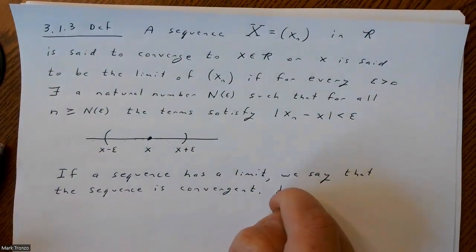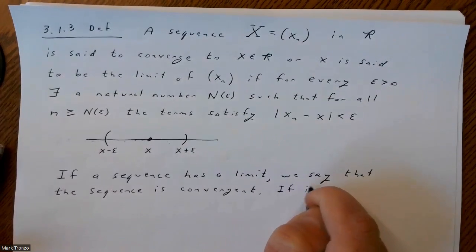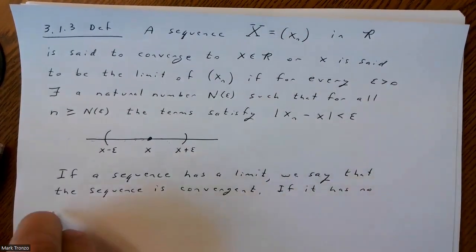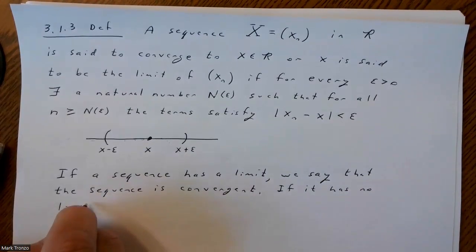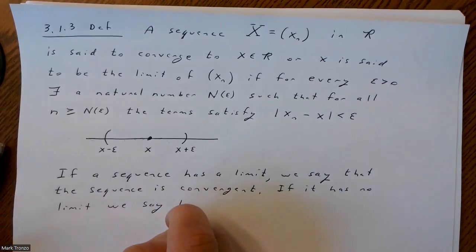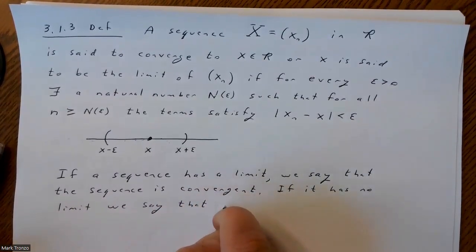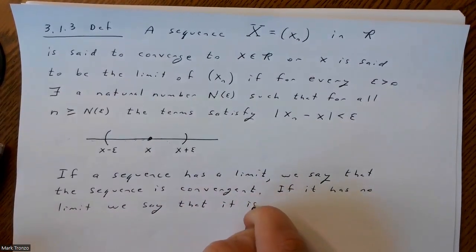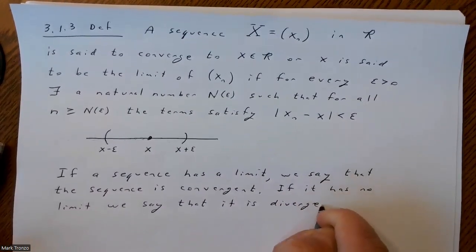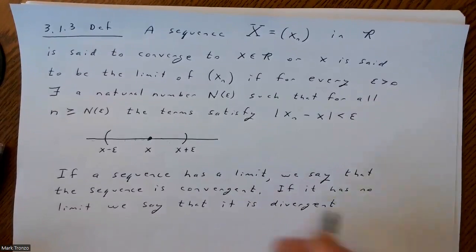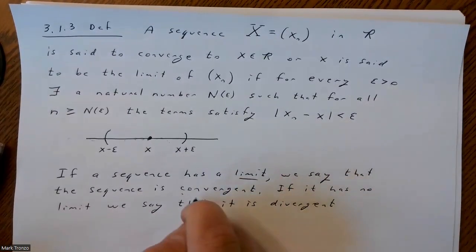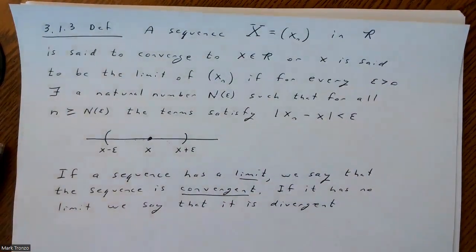If it has no limit, we say that it is divergent. So again, if it has a limit, it's convergent. And if it doesn't have a limit, divergent.